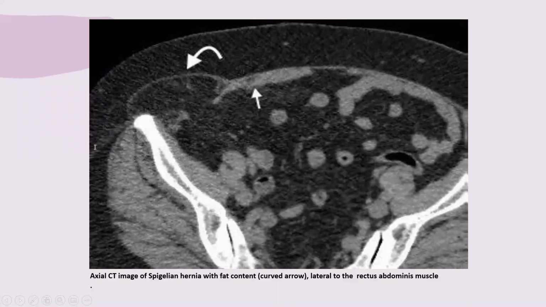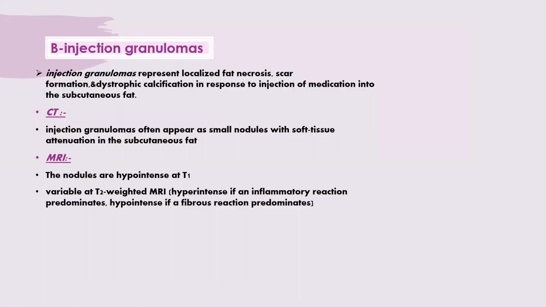Among the miscellaneous lesions we have injection granuloma, which represents localized fat necrosis, scar formation, and dystrophic calcification in response to injection of medication into subcutaneous fat. On CT, injection granuloma appears as a small nodule with soft tissue attenuation in subcutaneous fat.